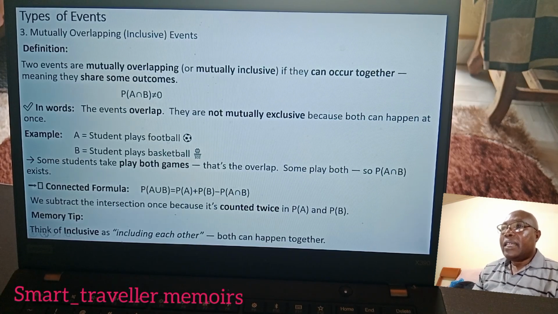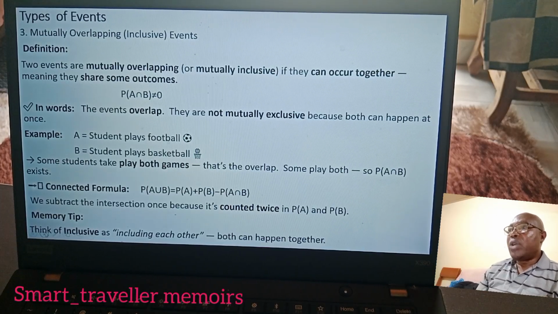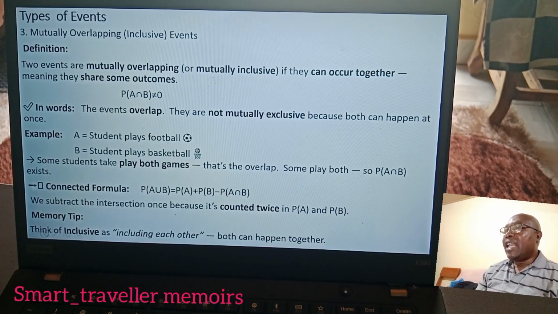And finally, in types of events, we have the third type, mutually overlapping or inclusive events. Definition: two events are mutually overlapping or mutually inclusive if they can occur together, meaning they share some common outcomes.